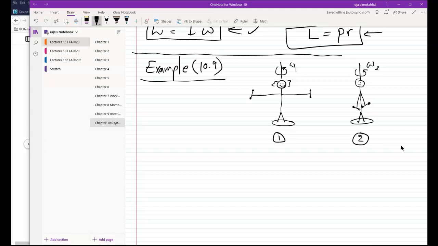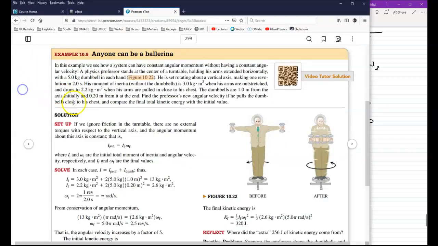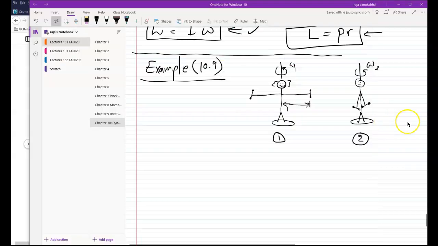He says that the distance while his arms are stretched, I forgot what it is. Let me go back. 1 meter. And then 0.2. So this is 1 meter right here, and then here, the distance is 0.2 meter. Got it? So the dumbbells are 5 kilogram dumbbells in each hand.